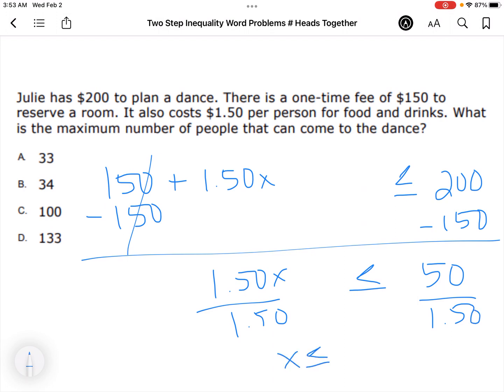So 50 divided by $1.50. I get 33.3 repeating, but I'm not going to round up because it's got to be less than or equal to 33 people.